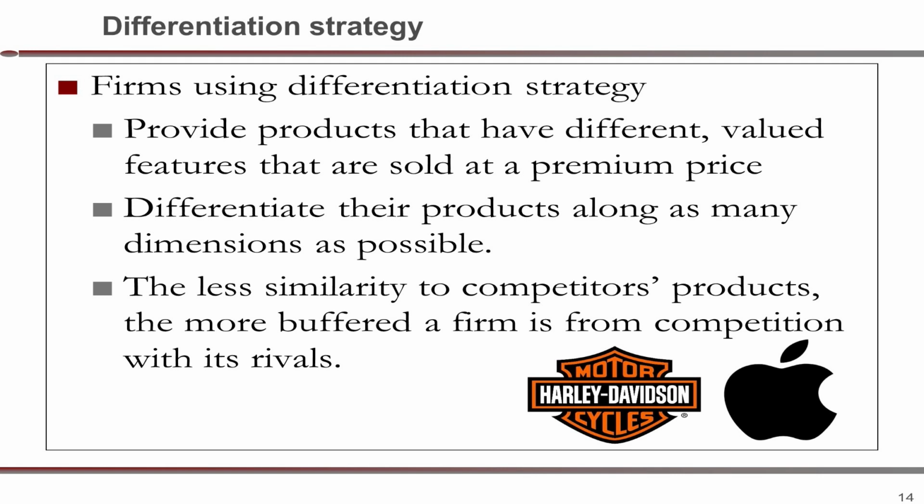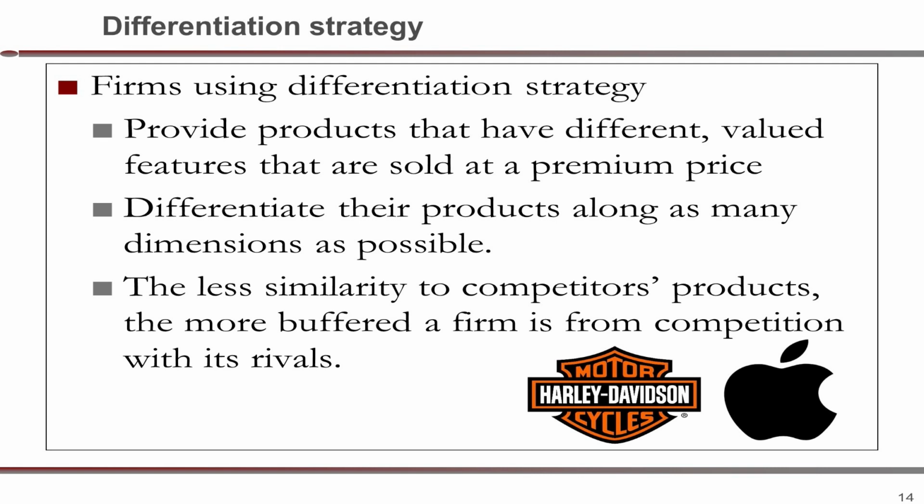Differentiation strategy. Firms using a differentiation strategy are going to provide products that have a different valued feature in the mind of customers that allows them to be sold at a premium price. Differentiation along as many dimensions as possible is the best strategy for firms trying to do this.